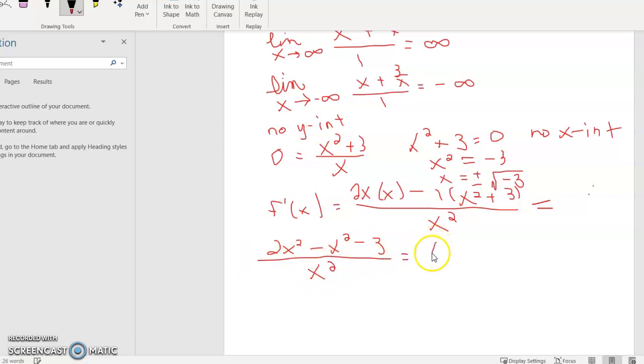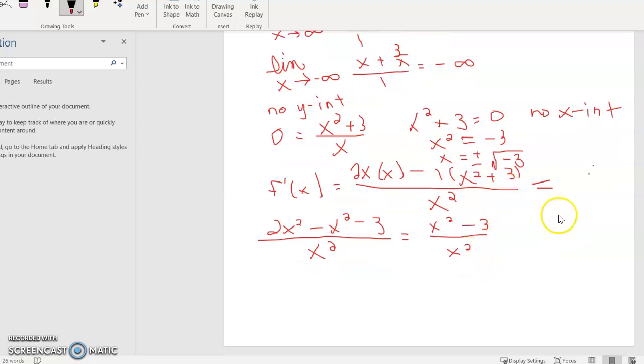That gives me an x squared minus 3 on top over x squared. Okay, so we need to determine when this function is equal to 0. We also need to determine when this function is undefined in order to find the critical values where it's undefined. So we need to set both the top and the bottom to 0.